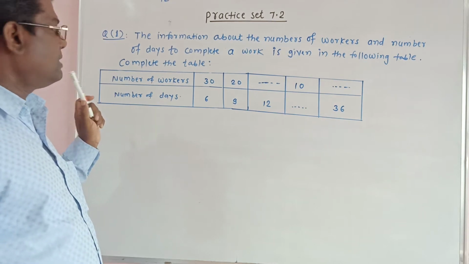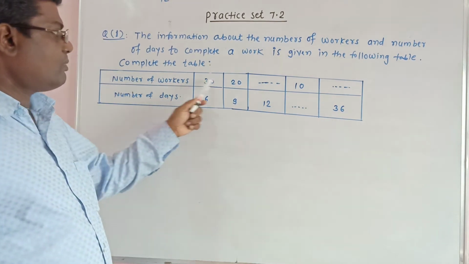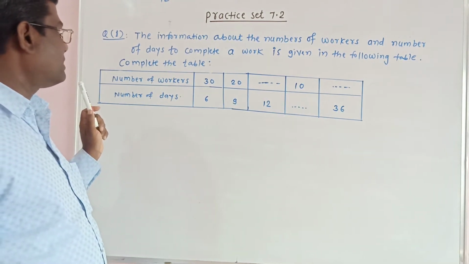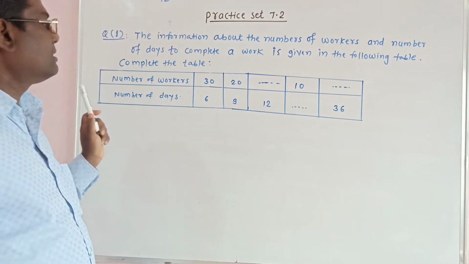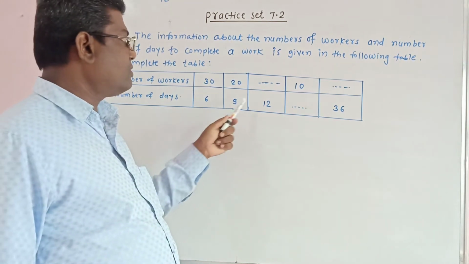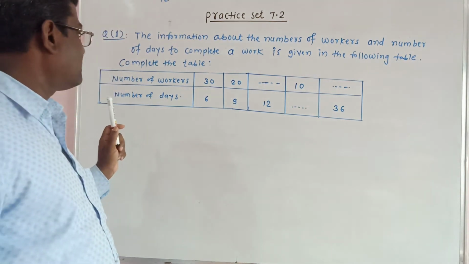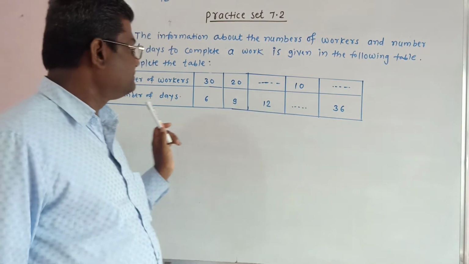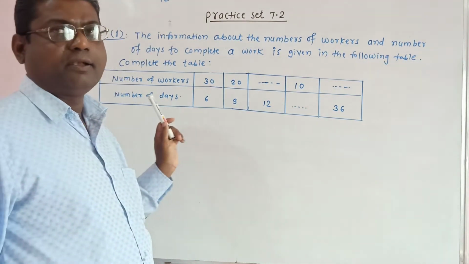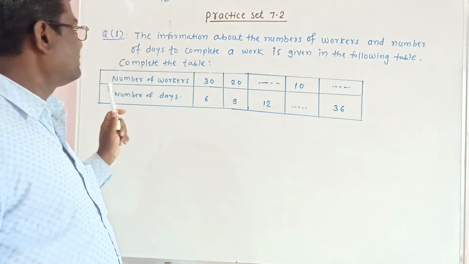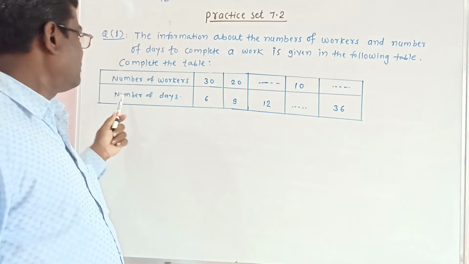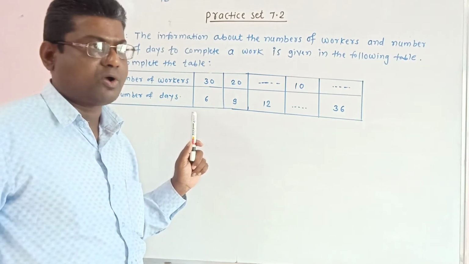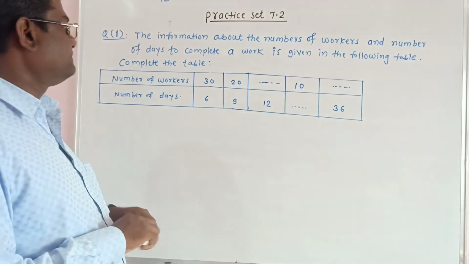Here we have a table in which the number of workers and the number of days required to complete the certain work are given, and we have to find the number of workers as well as the number of days in this table. At first we have to find the variation between the number of workers and number of days. Either it is a direct variation or inverse variation.